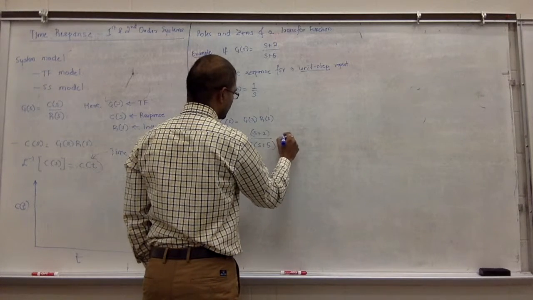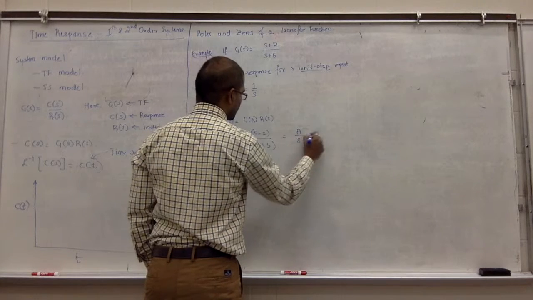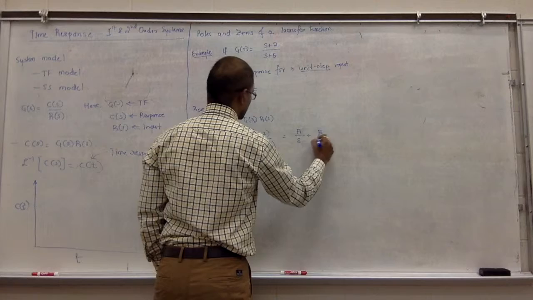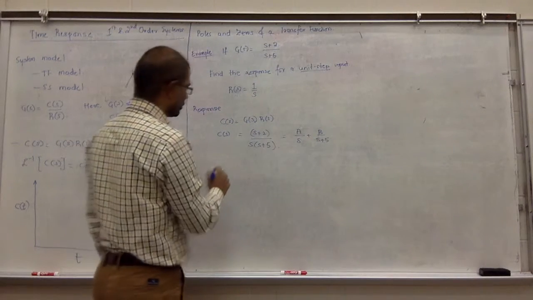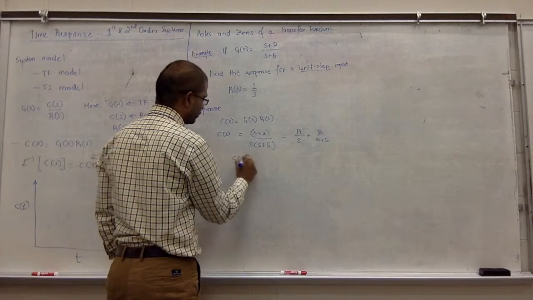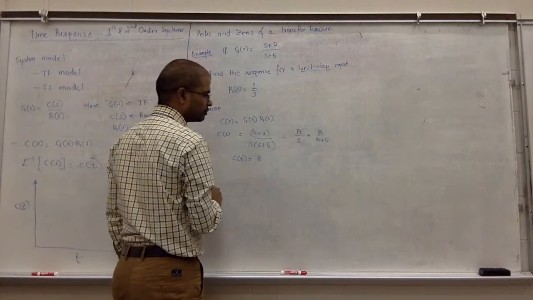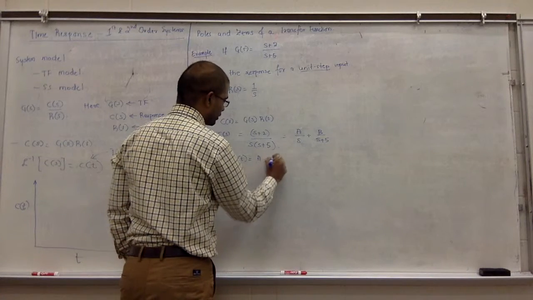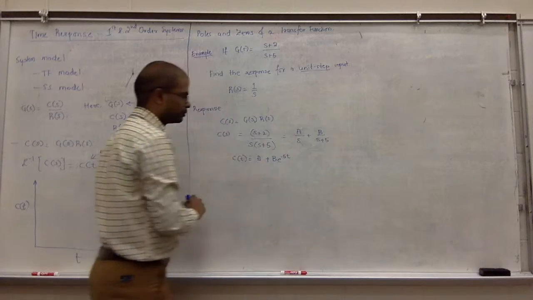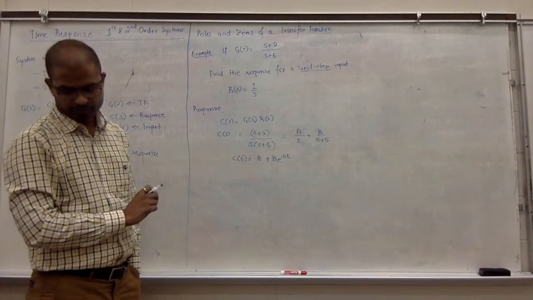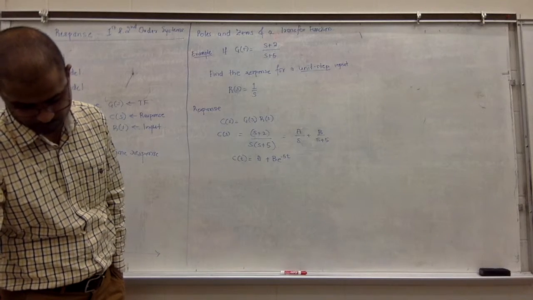So what you'll do is you'll just split this into A over S plus B over S plus 5. Okay. You'll find values for A and B. And your time response will look something like this. C of T is equal to A plus B e to the power of minus 5t. Okay.